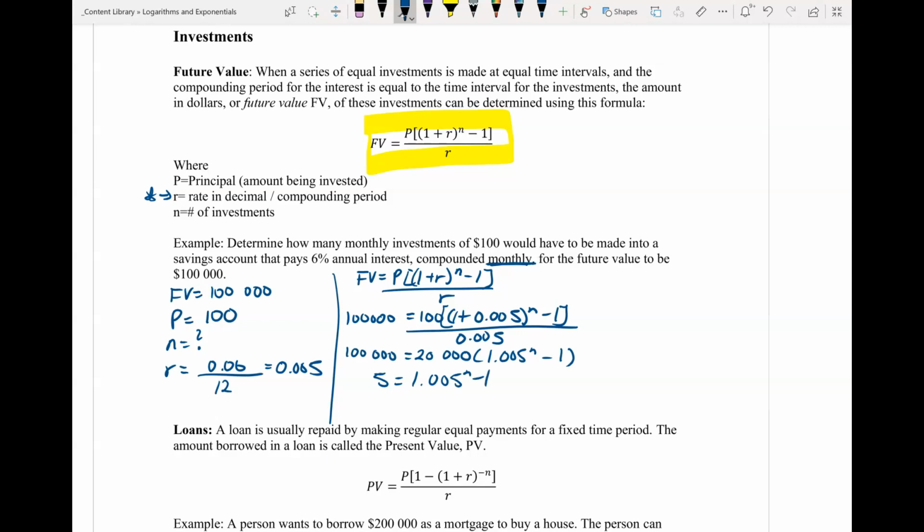Again, I want to keep isolating my n, so I'm going to add 1 on both sides. So 5 plus 1 is 6. And then now I'm going to take the log of both sides. I can bring down our n.